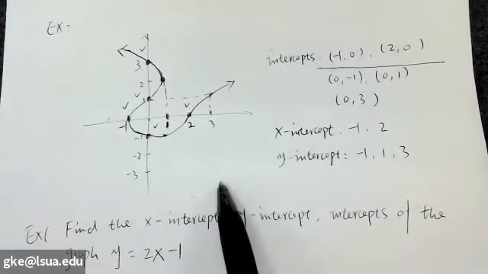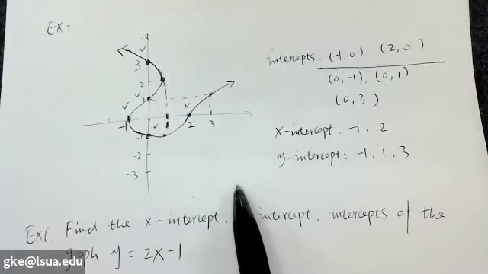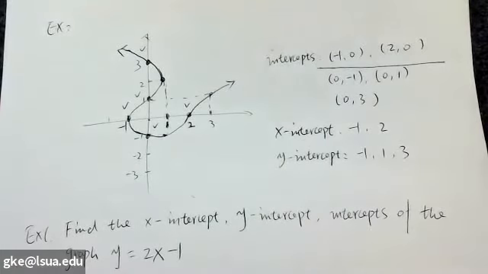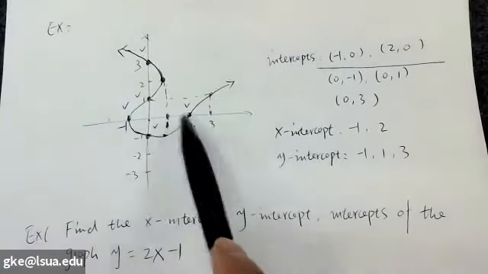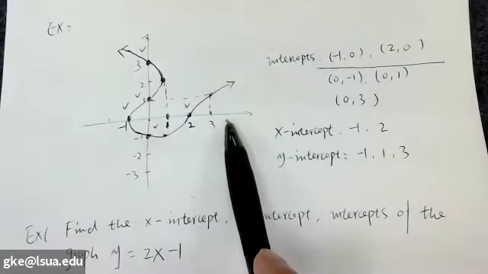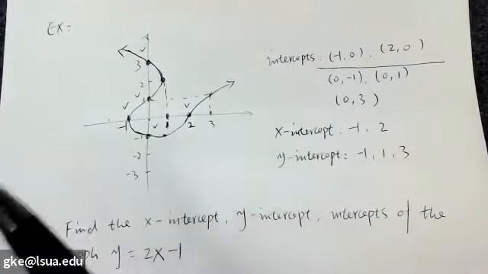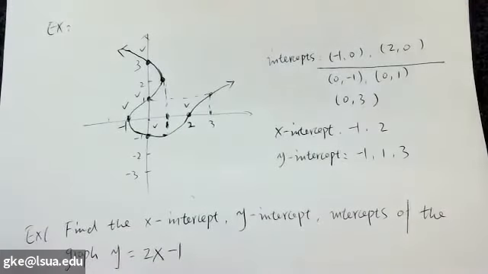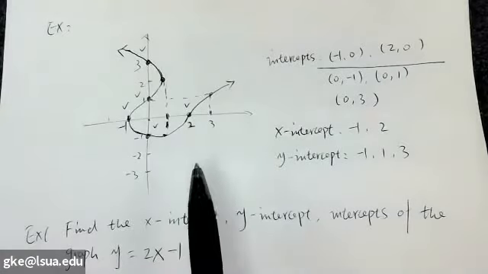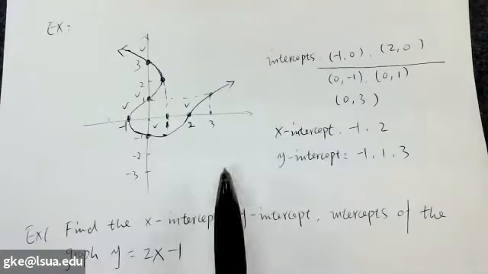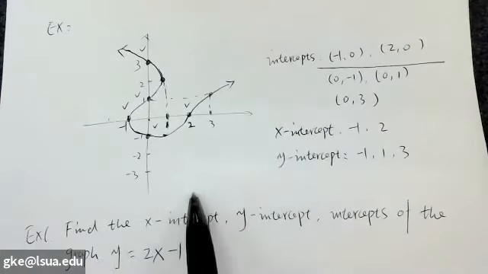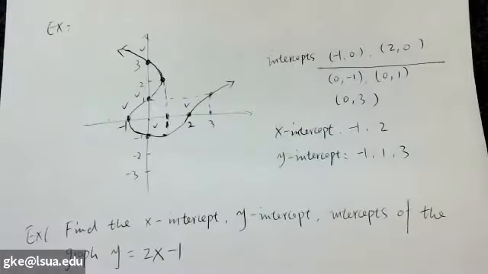If a point is located on the x-axis, that means what? That means y equals what?